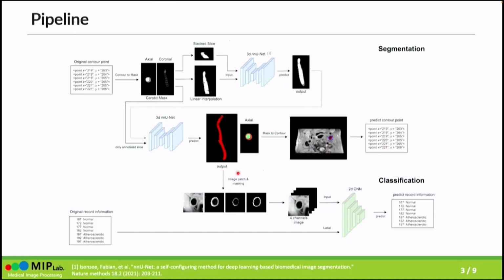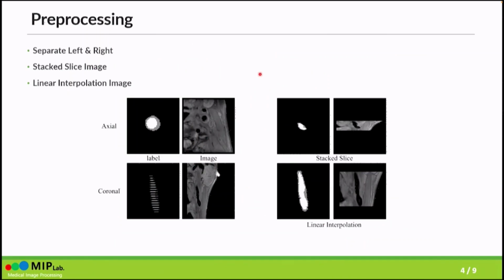In classification for atherosclerosis diagnosis, we create 4-channel images using segmentation results to train CNN models and predict carotid disease. In preprocessing, first we crop the image in half, then create 2 types of preprocessing images.